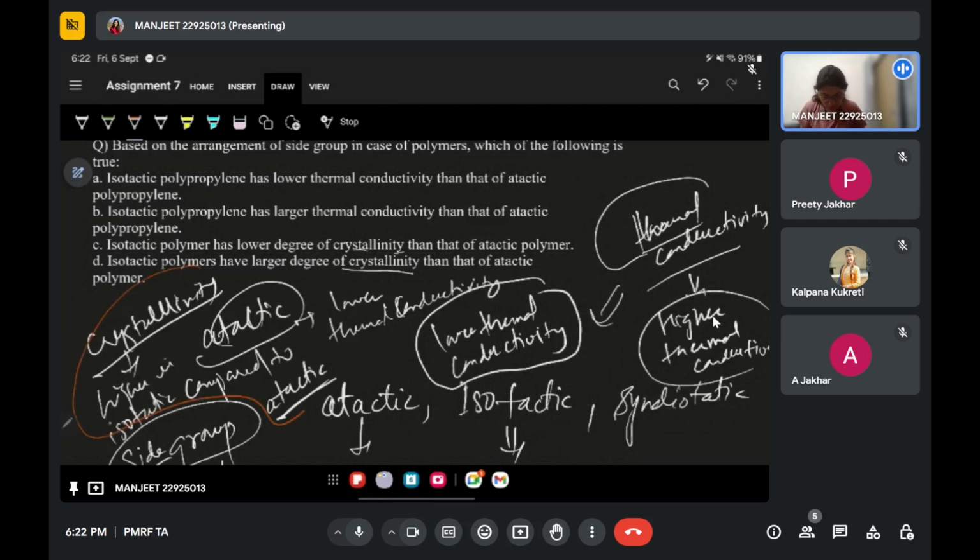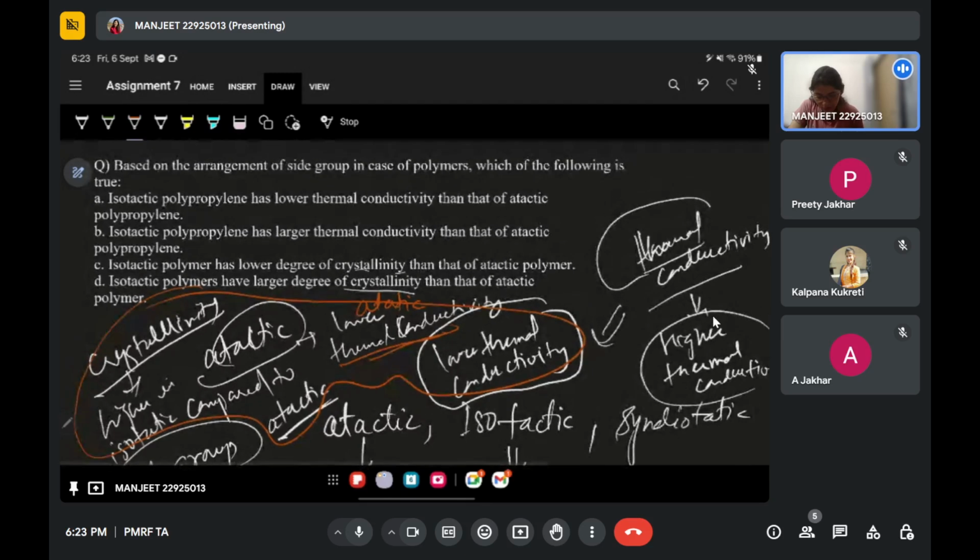So the atactic has the lower thermal conductivity, and the isotactic has the higher crystallinity. If you see from these options, which will be the correct one? In A, isotactic having the low thermal conductivity than the atactic one?